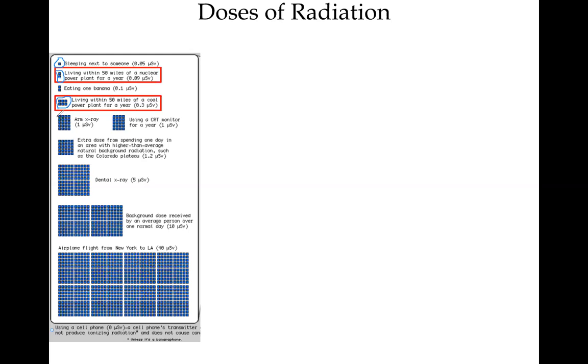And then if you get an X-ray because you broke your arm or you think you broke your arm, that's 1 microsievert. What's this? Extra dose from spending 1 day in an area with higher than average natural background radiation, such as the Colorado Plateau, 1.2 microsieverts. And again, this is all very, very low levels of exposure. Okay.